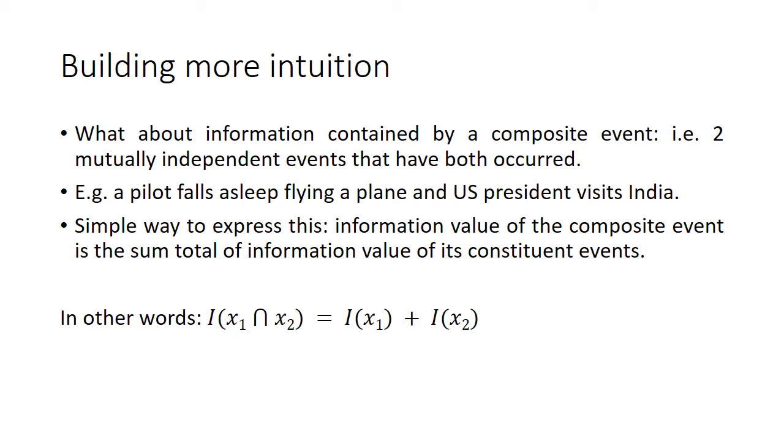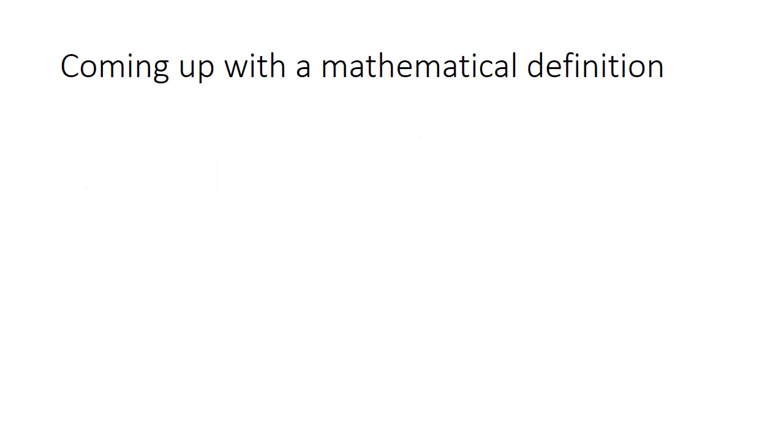Now we already know it's a mutually independent event, so therefore in terms of probabilities, probability of x1 and probability of x2 get multiplied for the intersection, and that makes it information of probability 1 times probability 2 is equal to I of P1 plus I of P2. So this is a very important constraint that we have just derived, purely based on our intuitions. Okay. Now we'll take this constraint and move forward, and try to come up with a mathematical definition.